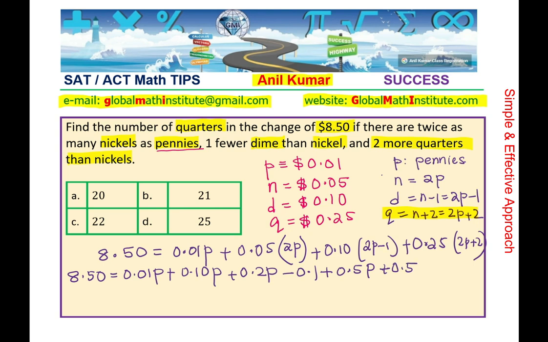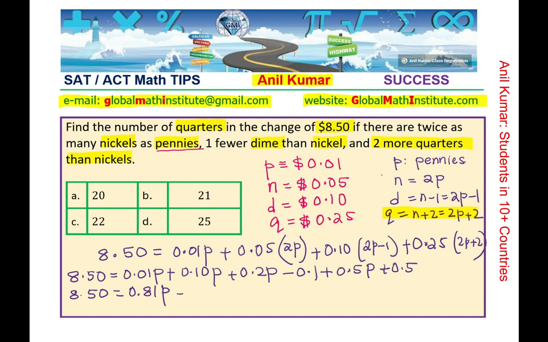Makes sense? So add the pennies: 0.01, 0.1, 0.2, 0.5 gives 0.81p. For the constants, 0.5 minus 0.1 means 0.4. So we get the equation 8.50 equals 0.81p plus 0.4.